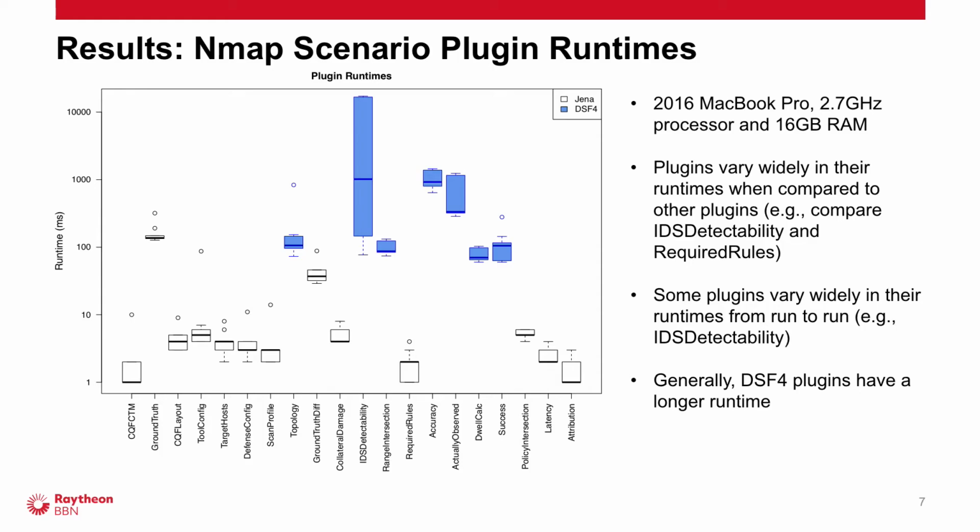If you compare that to required rules, that one varies much less in its runtime from run to run. And then generally, the DSF4 plugins have a longer runtime. Those are the blue box plots in the top half of the plot.